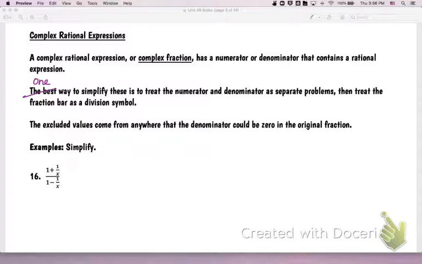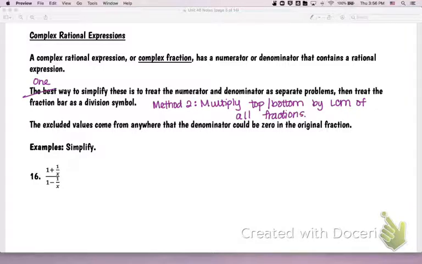The other option, method 2, is going to be to multiply top and bottom, both the numerator and the denominator, because remember that's equal to 1, by the LCM of all fractions.